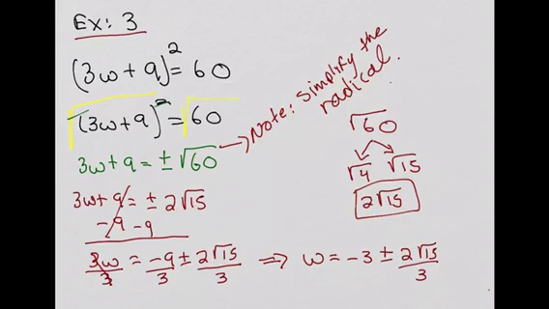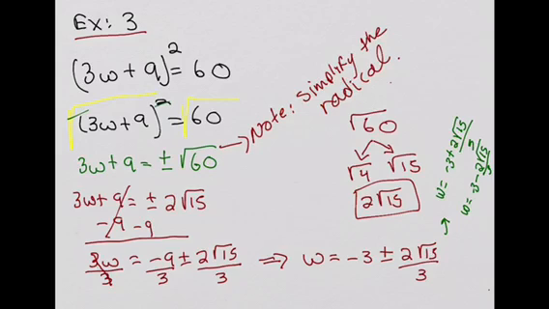So I have w equals negative 3 plus 2 square root of 15 over 3, and w also equals negative 3 minus 2 square root of 15 over 3. Now, you might want to simplify the 15 and the 3, but you cannot because the 15 is inside the radical.